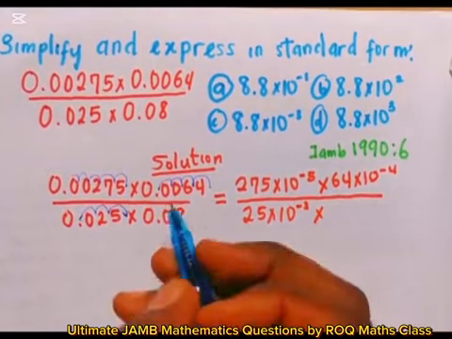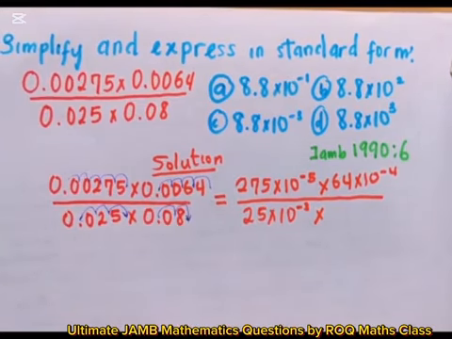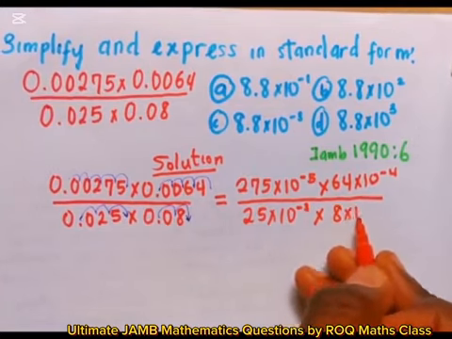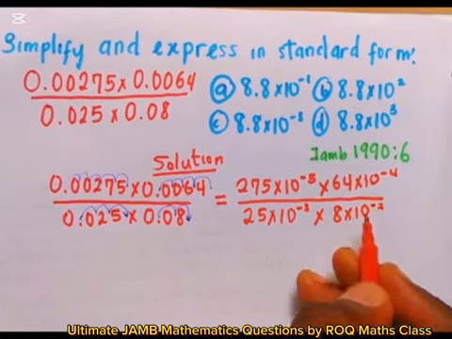Then times, by moving this also 1, 2. I move how many times? 2 times. I'm going to have 8 times 10 to the power of negative what? 2.